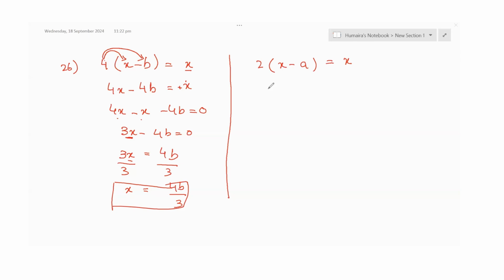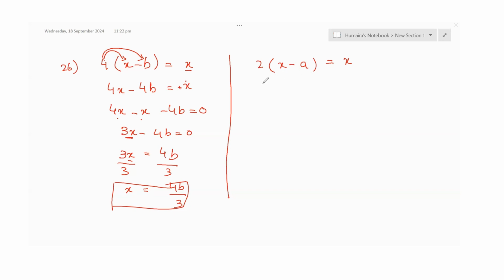Okay, so it's just going to be 3x minus 2a, so 3x equals 2a, so x is equal to, okay, I got the answer. So what do you have? I have 2a over 3.